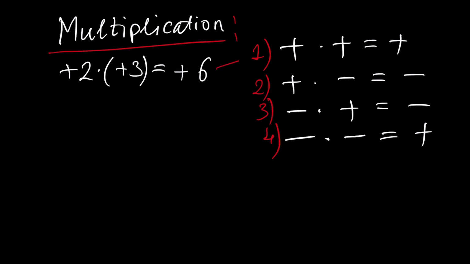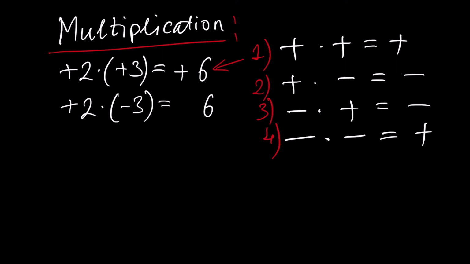So this is the first example. Second, if we have plus 2 times minus 3, the absolute values of plus 2 and minus 3 are 2 and 3. We perform multiplication of absolute values.